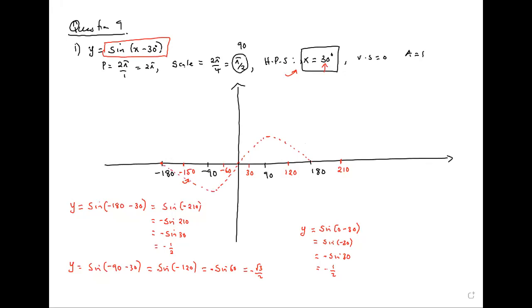Then we shift it to the right by 30 steps. So this point will come here. This point will come here. The 0 will come here. The 90. And then the 180 will come here. The 90 will come here.